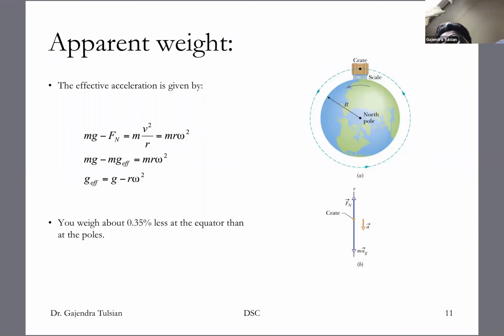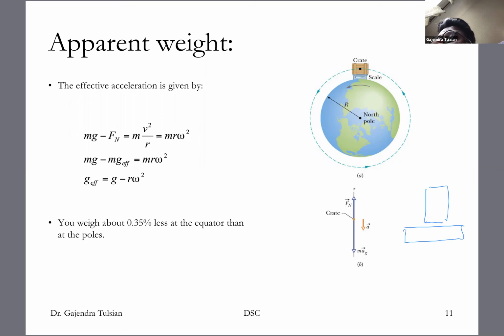Okay, now here's an interesting idea. Let me do the following. Let's say this is a bathroom scale, and you're standing on the bathroom scale.